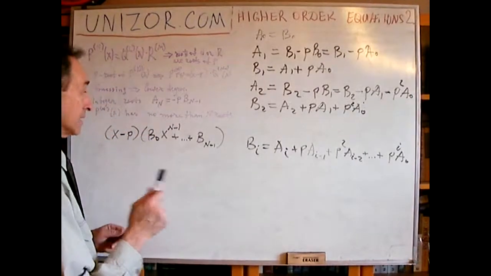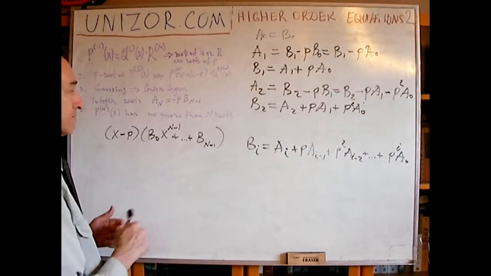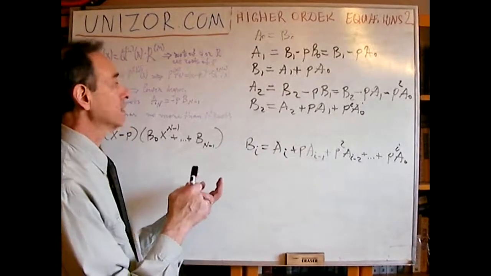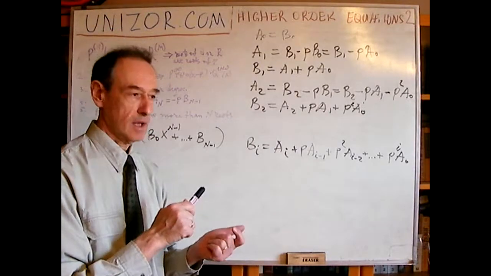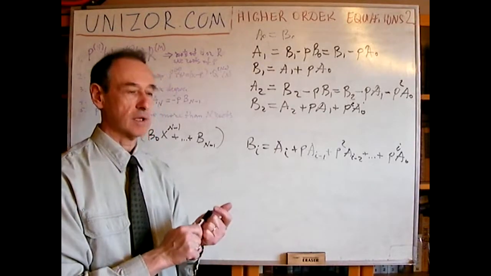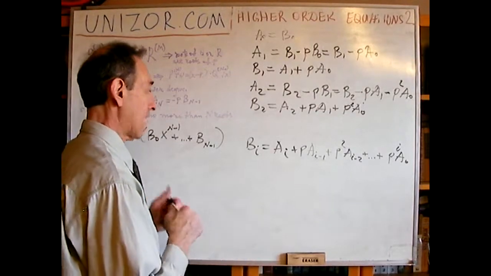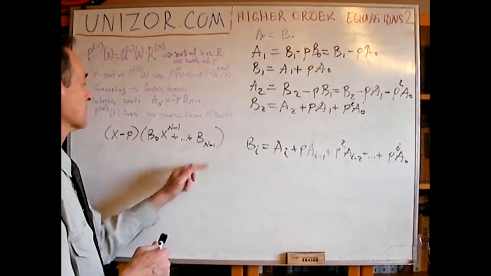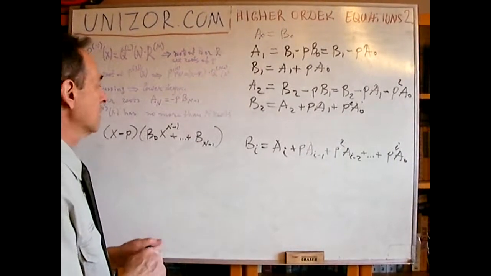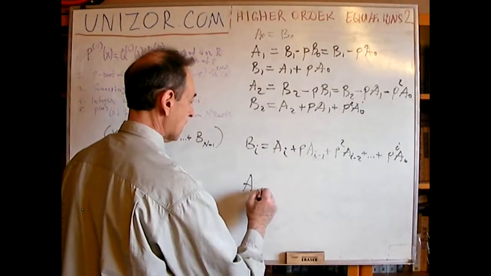But I did not specify the very last one. I specified x to the n, x to the n minus 1, x to the n minus 2, etc., x to the first degree. And I did not really use this free constant, which is minus p times bn minus 1, which is supposed to equal an.